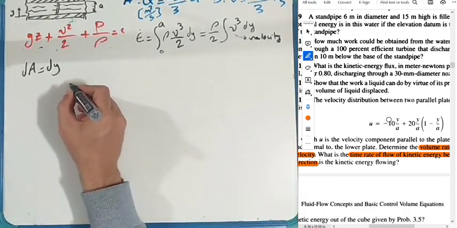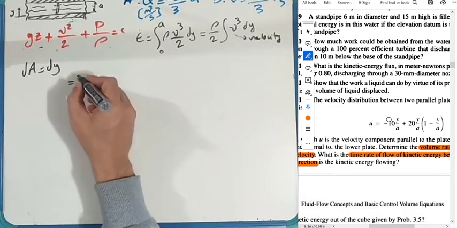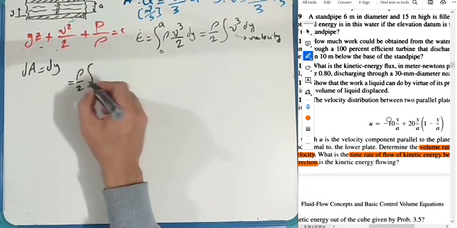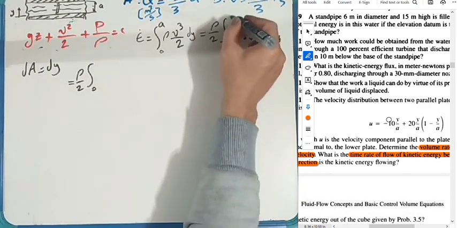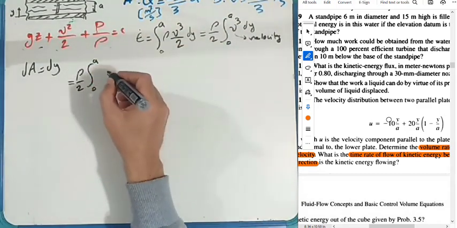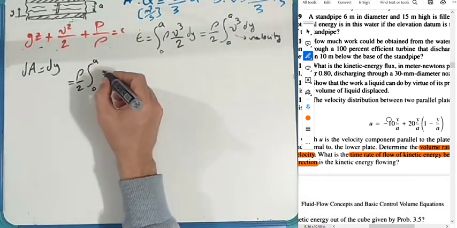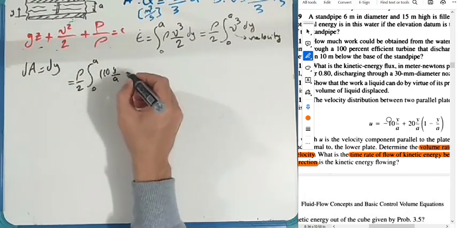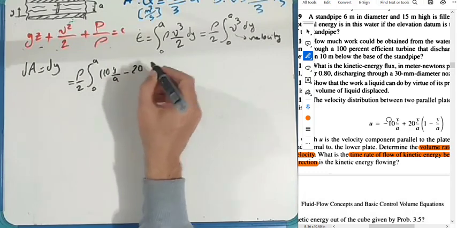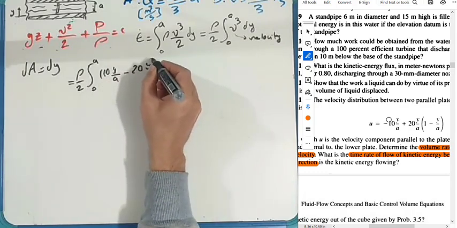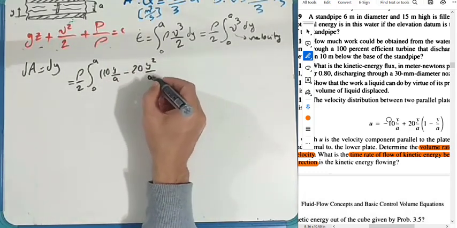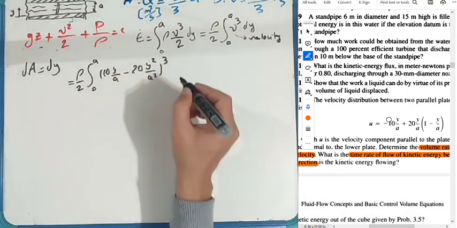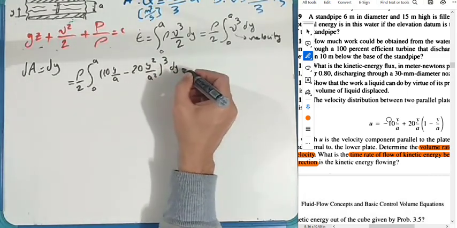Then equals rho over 2, integral from 0 to A of (10 y over A minus 20 y squared over A squared) to the power 3 dy.